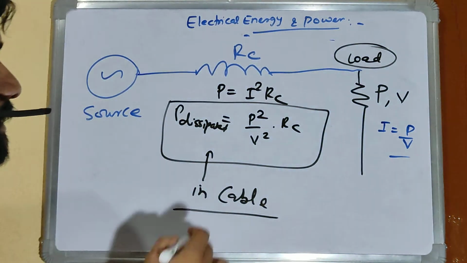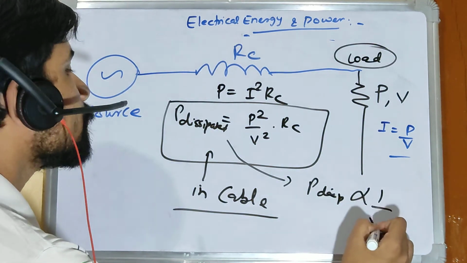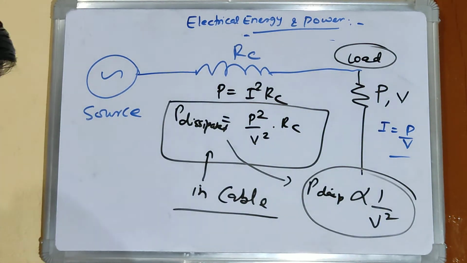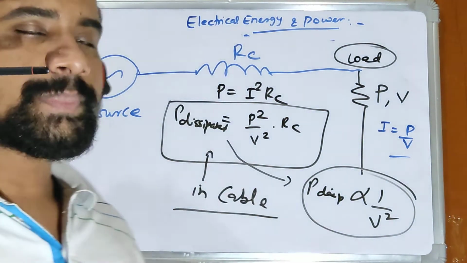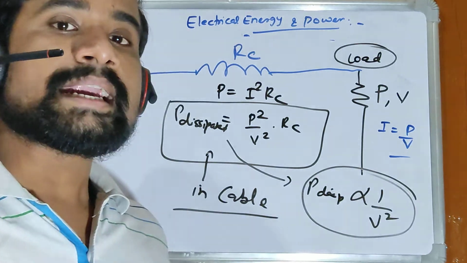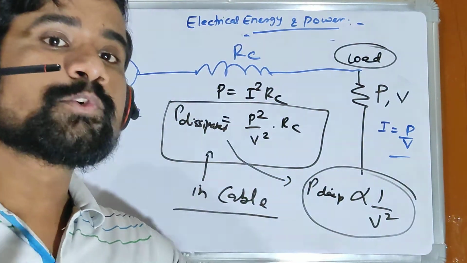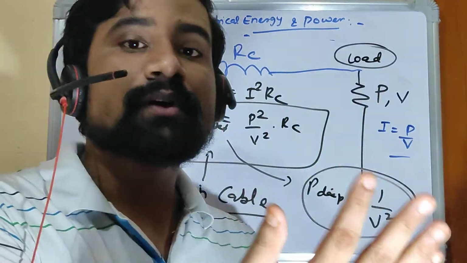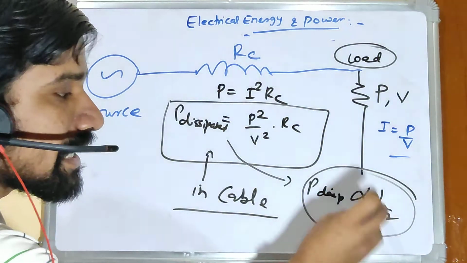Now you see, this dissipated power is inversely proportional to voltage square. To reduce this dissipation so that I can give maximum efficiency and maximum output to homes, I need to do this transmission at a higher voltage.